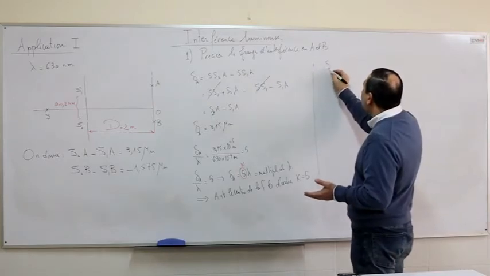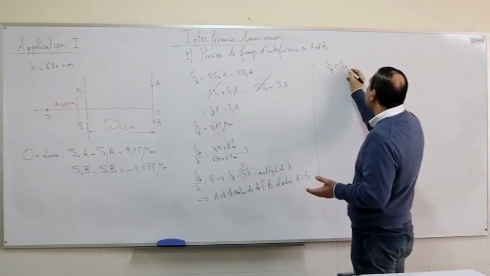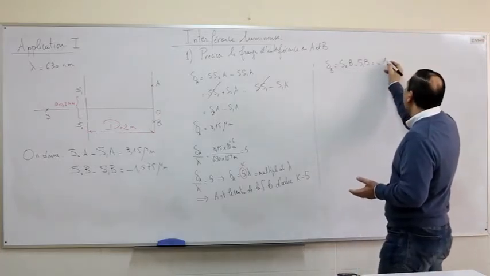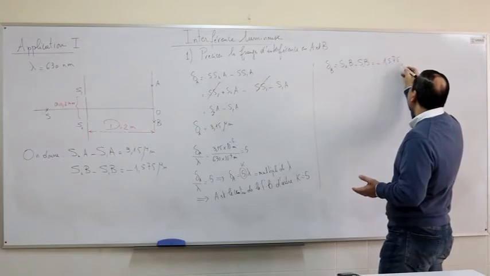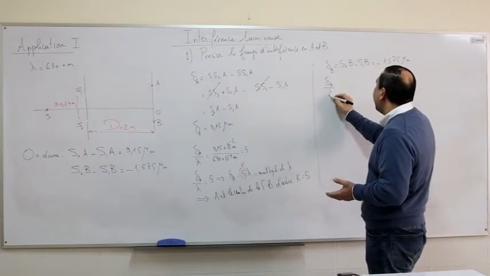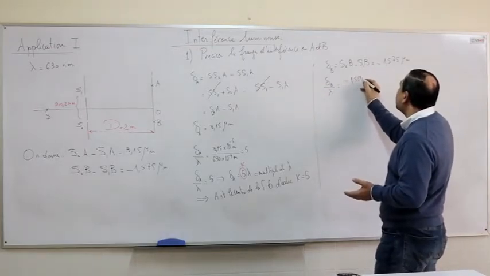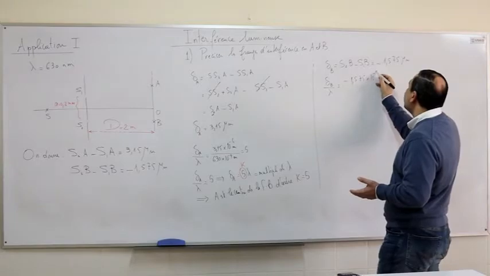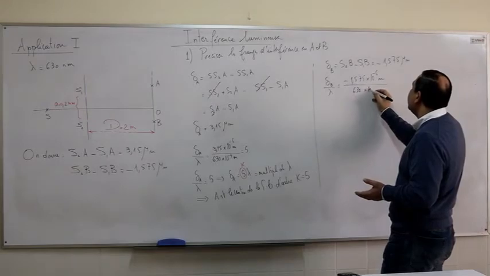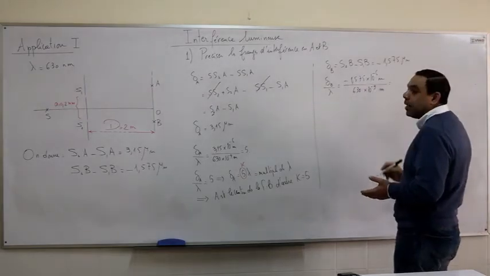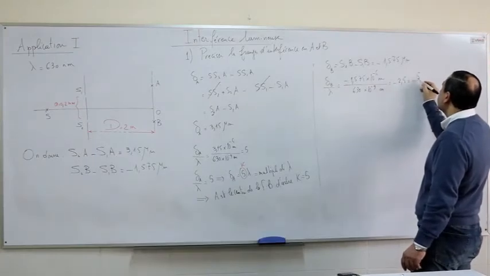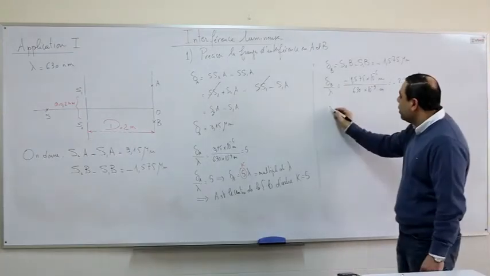We can verify that delta B is equal to S2B minus S1B, which is equal to minus 1.575 micrometers. Dividing delta B by lambda, we get minus 1.575 times 10 exponent minus 6 over 630 times 10 exponent minus 9, which is equal to minus 2.5, or minus 5 over 2.